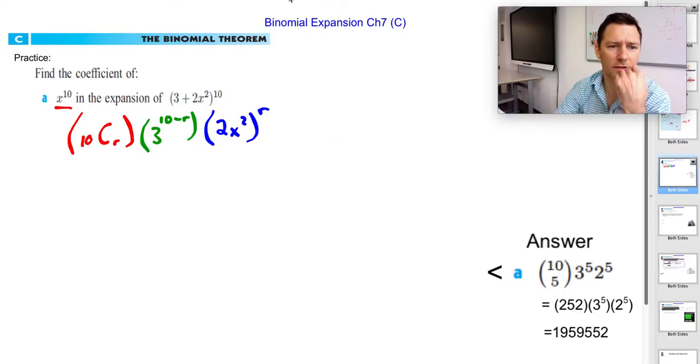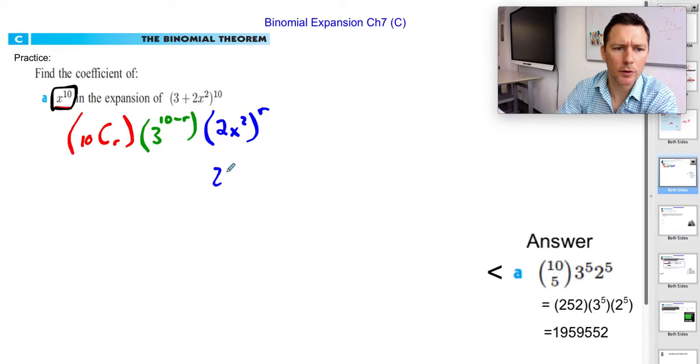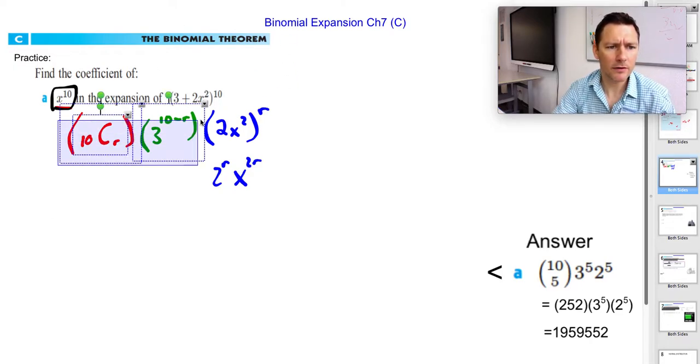All right, so what we need to do is isolate the x's. There's no x's in here, so it's a lot easier than the last one. So this piece should turn into 2 to the r, x to the 2r, and then we still have all this stuff in front.